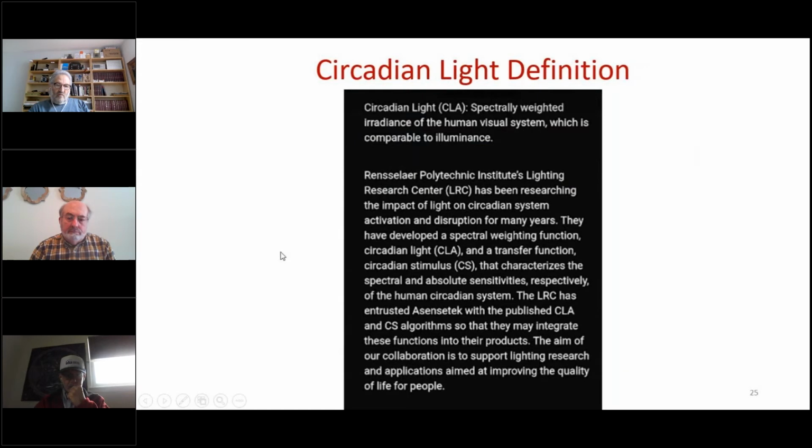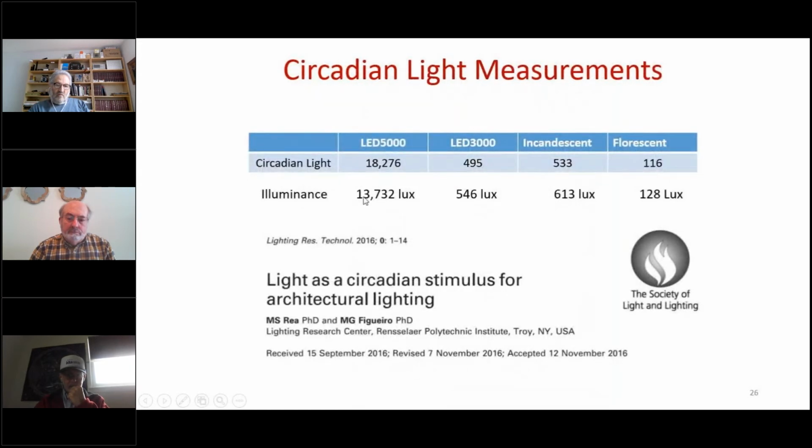So you can see the measurements, circadian light, these are the values that are obtained, and these are the corresponding lux values that we got: 13,000, 546, 613, and 128.